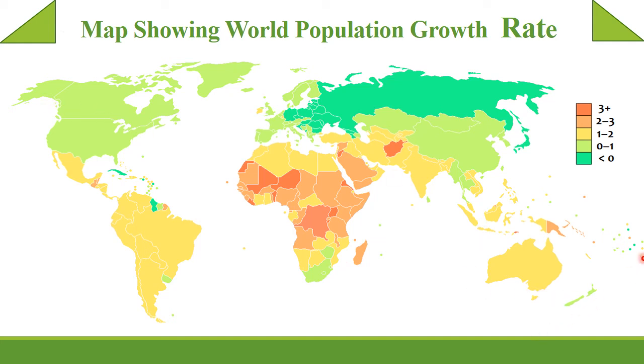And the countries which have less than zero growth rate are in this category, and this is only in Russia and some of these islands where this growth rate presently lies.